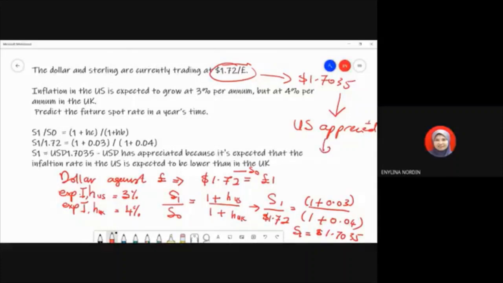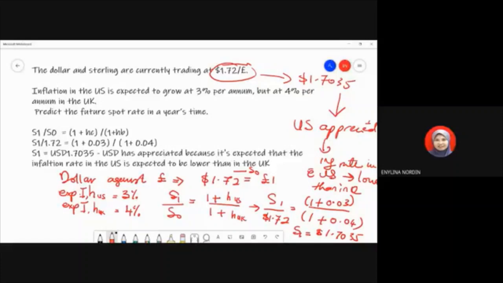Why is that? To relate to inflation, it is because the inflation rate in the US is expected to be lower than in the UK.